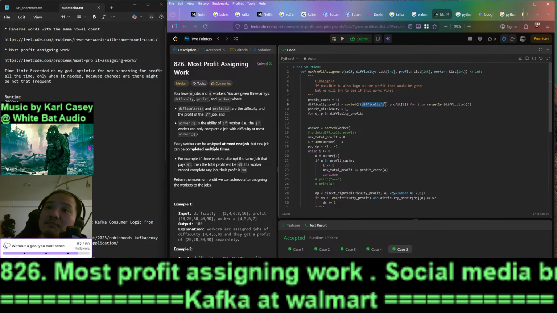So this maps out similar to what we have here, right? So assuming this is a difficulty, then what should be the max profit from the beginning to that, right?